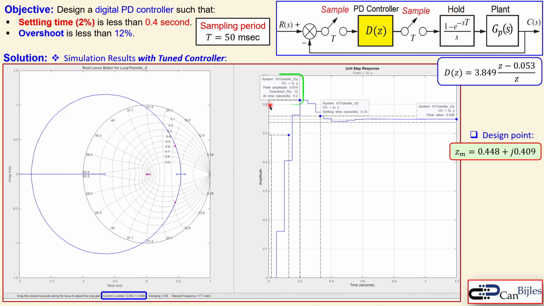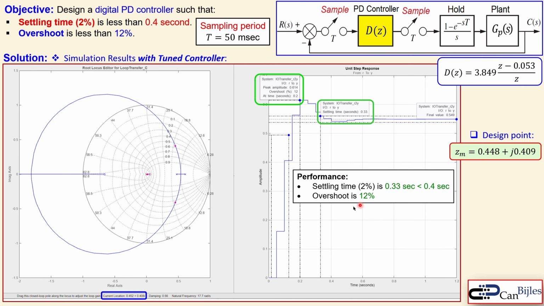But the unit step response now shows exactly 12% and also 0.33 seconds. So these are the performances, and we can say exactly what we wanted. Of course, you can move on by tuning the parameters here and then get a lower overshoot, maybe a lower settling time, or maybe both. That's still possible. This is where I stopped the tuning, but you can maybe get it better.